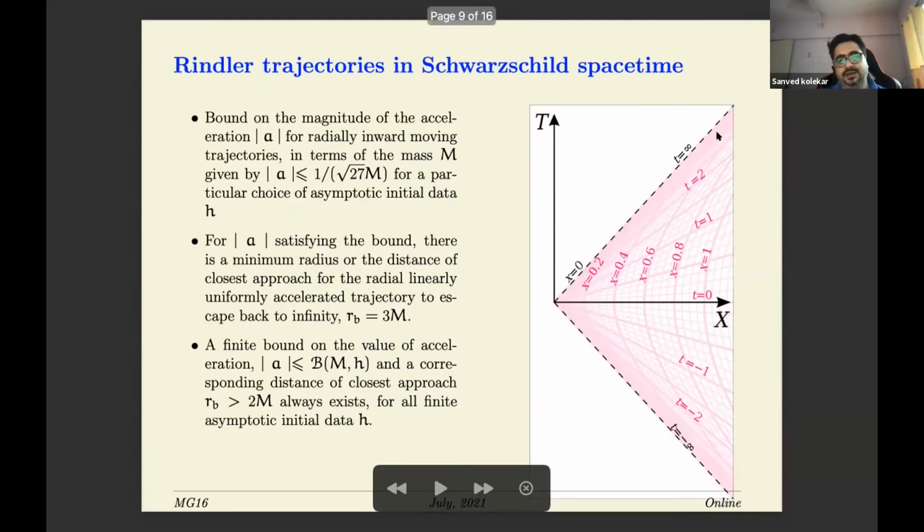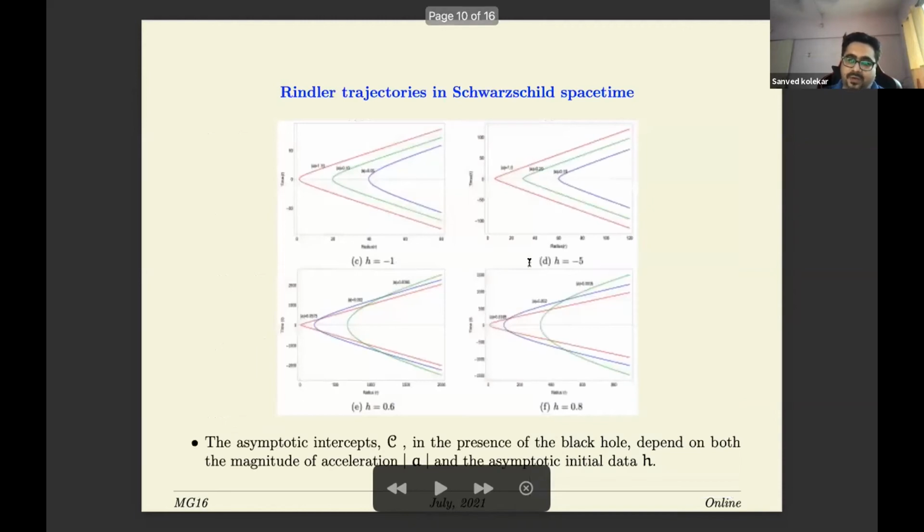In the flat picture, fixing a particular h, for different accelerations, the whole congruence of Rindler trajectories had the same Rindler wedge and the same Rindler horizons. But now, fixing h is not sufficient, because if you vary a, along with the acceleration bound, the trajectories also have a shift. So they no longer have the same Rindler horizon.